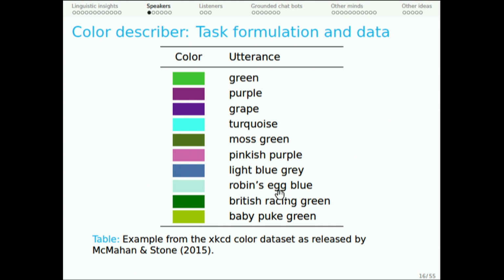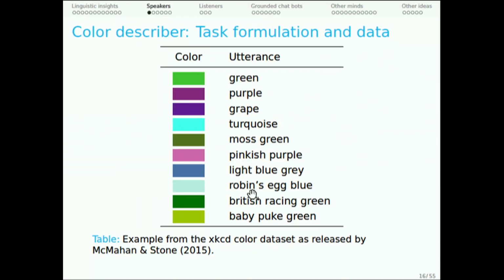Robin's egg blue, already some domain knowledge creeping in. British racing green is not a phrase I'd ever heard before. Baby puke green is a classic example from this dataset. There's lots of puke colors in the dataset. That's the cutest. So this is kind of what I mean. We have a wonderful playground of reference, these color patches, and then the language people produce in response is also very colorful.